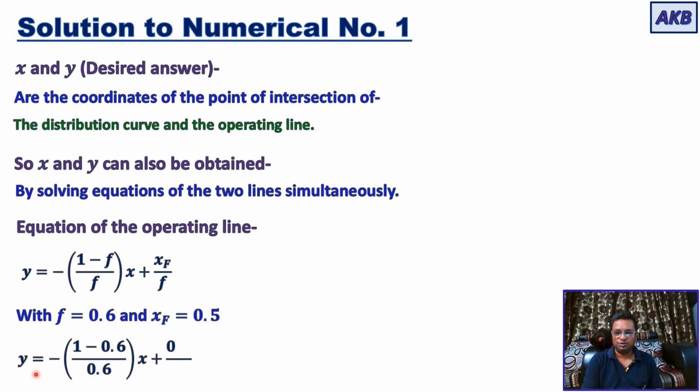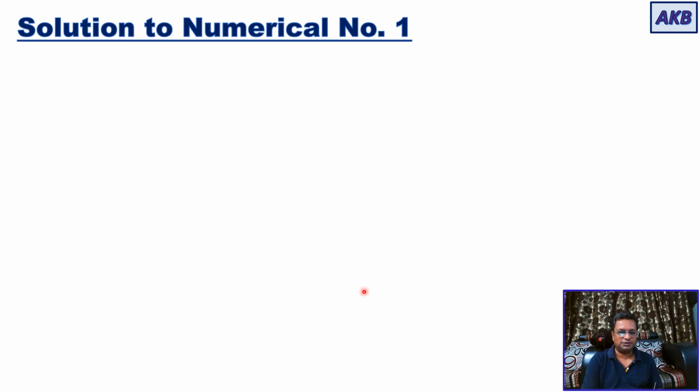So if you use those values, you have y is equal to minus (1 minus 0.6) divided by 0.6 into x plus 0.5 divided by 0.6. Therefore y is equal to minus 0.67x plus 0.83. So this is the equation of the operating line.